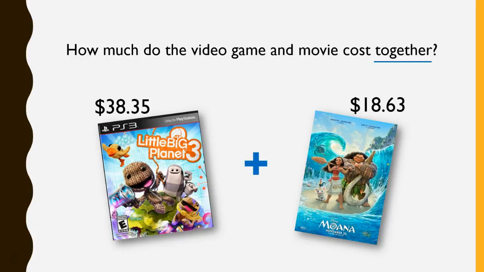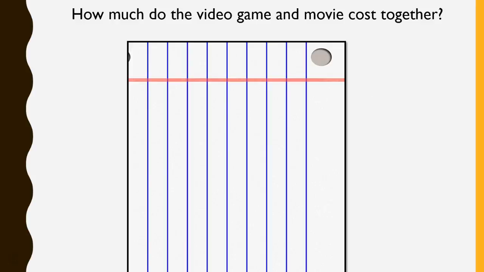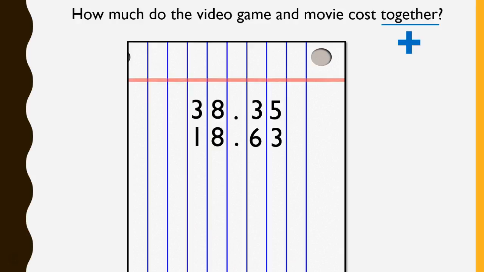So we're going to go ahead and get out a piece of paper. Follow along with me, and we're going to write these digits down. We know we're going to be adding them, so make sure we write that as part of our problem. So we would go ahead and put in our digits one at a time very carefully so we line up our place values just right. Those decimals are nice and straight on top of each other.